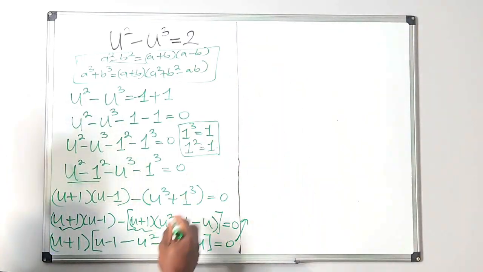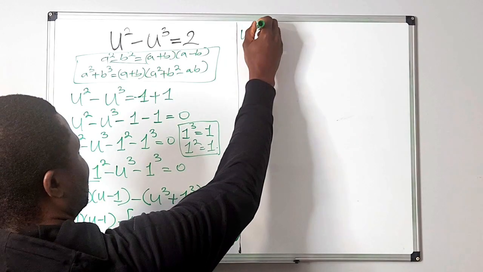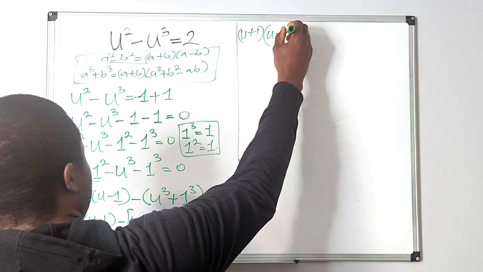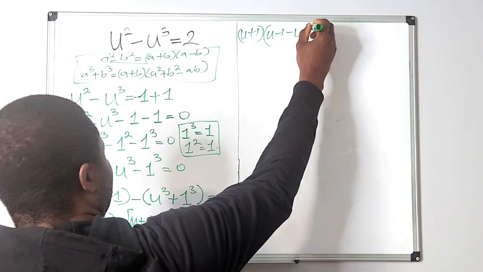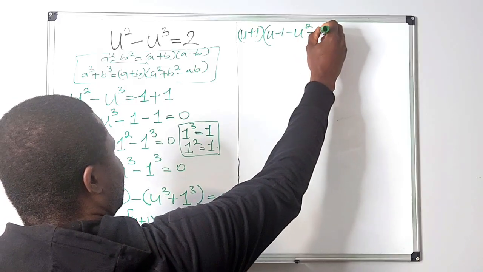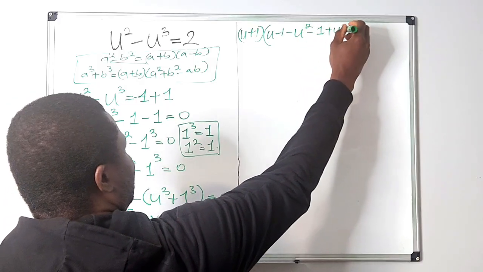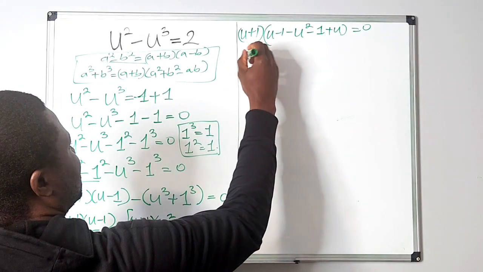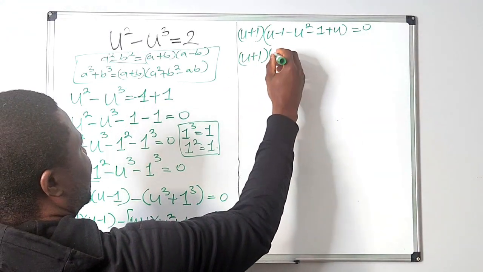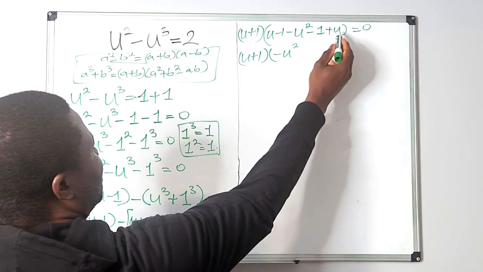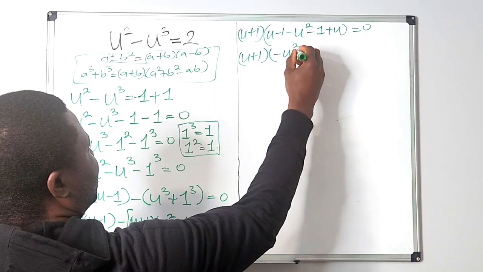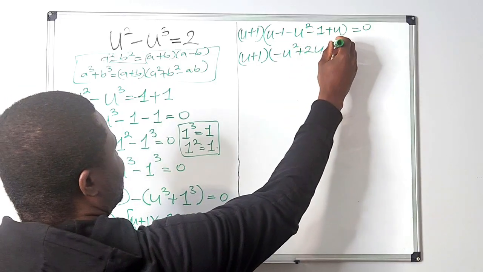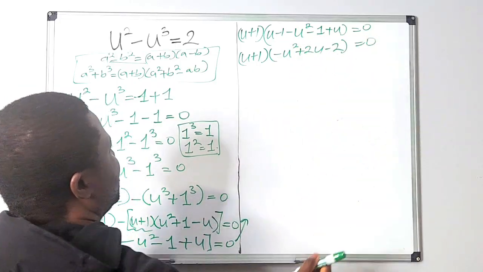So now we have u plus 1 into u minus 1 minus u squared minus 1 plus u equals 0. So now this becomes minus u squared. U plus u will give us plus 2u. Minus 1 and minus 1 will give us minus 2 equals 0.